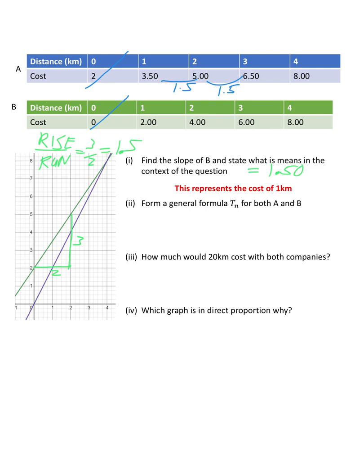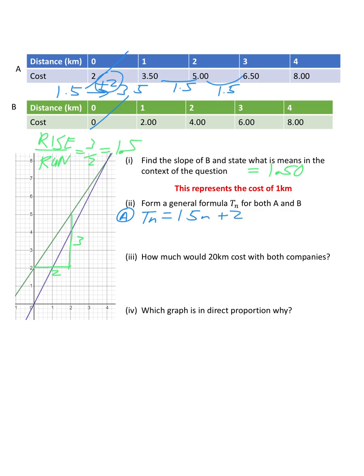So straight away, for A, we'll have Tn is equal to 1.5n. Then, to get from 1.5 to the first term, which is 3.5, that's plus 2. So our formula will be Tn equals 1.5n plus 2.